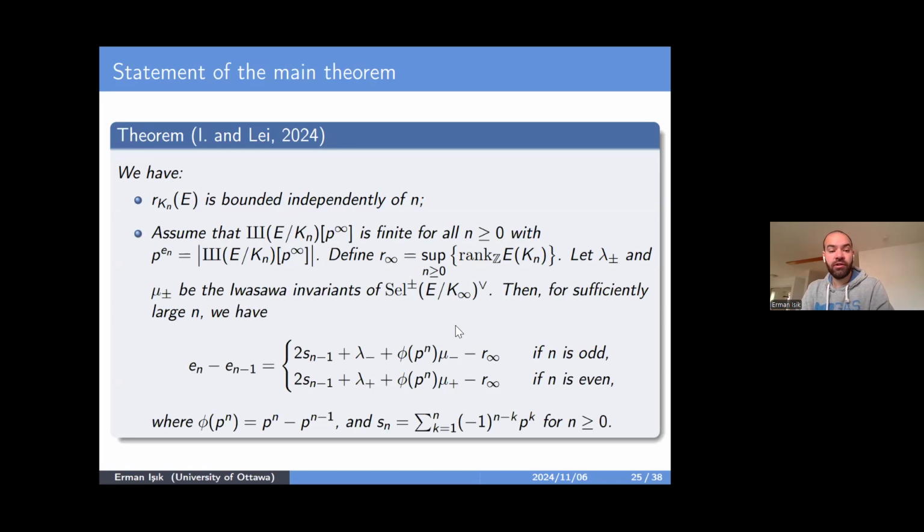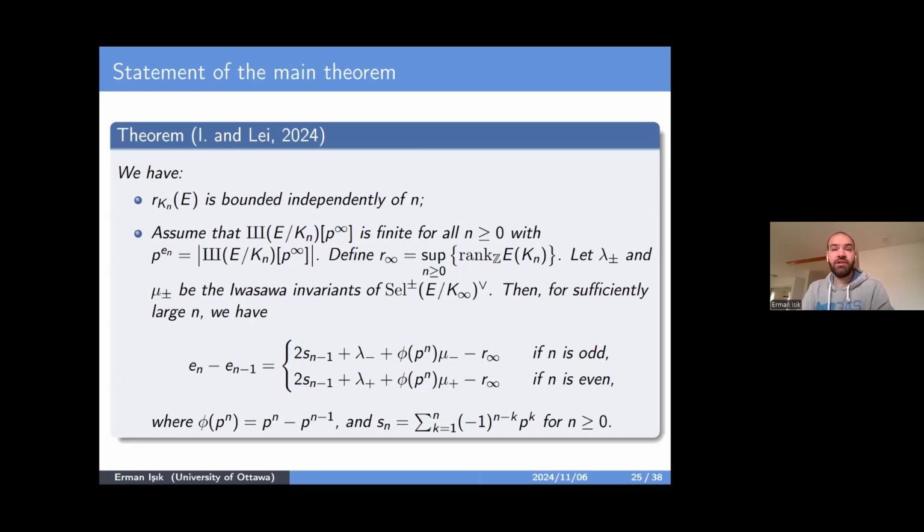For large enough n, the difference is equal to twice some sum of p powers and Iwasawa invariants, and the module is infinite, basically this number. So this is what we proved.